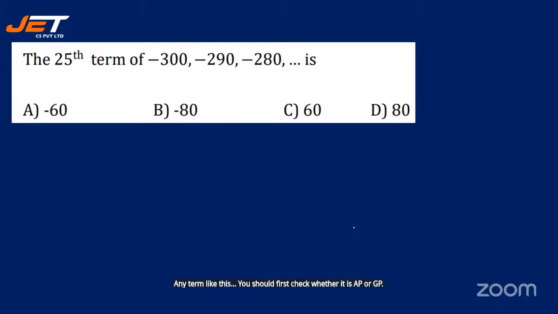So it is definitely an AP. How? T2 minus T1, right? So T2 minus T1 will give minus 290 minus of minus 300, which is plus 10.